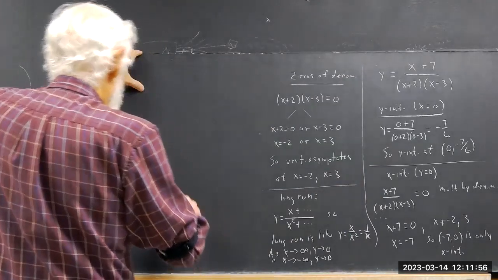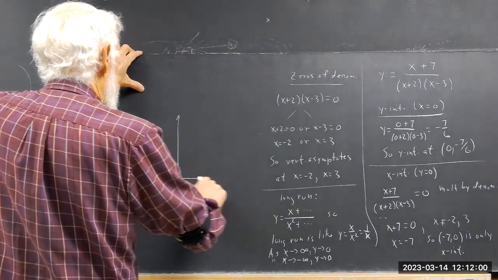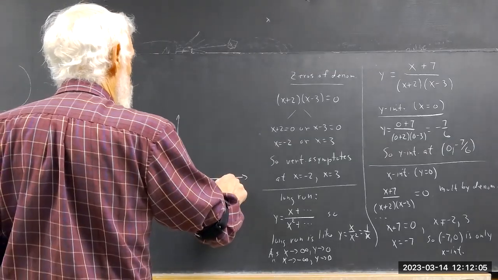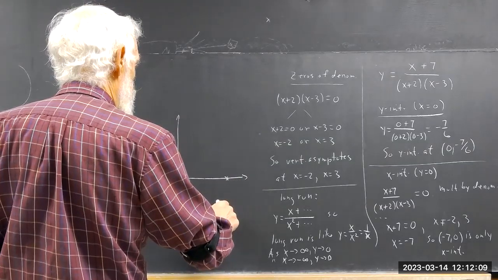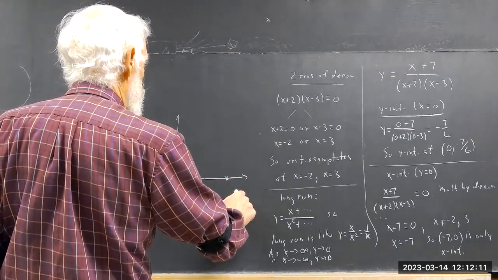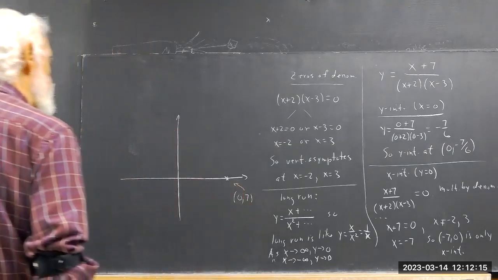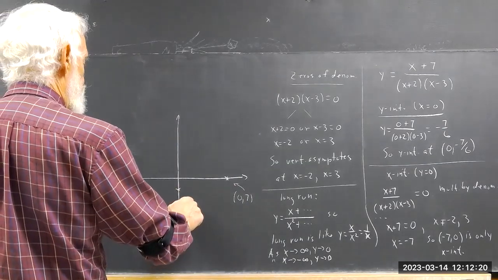We'll put that on the graph. Put all this information on a graph. Our only x-intercept is at -7, 0. Our y-intercept is at -7 over 6.